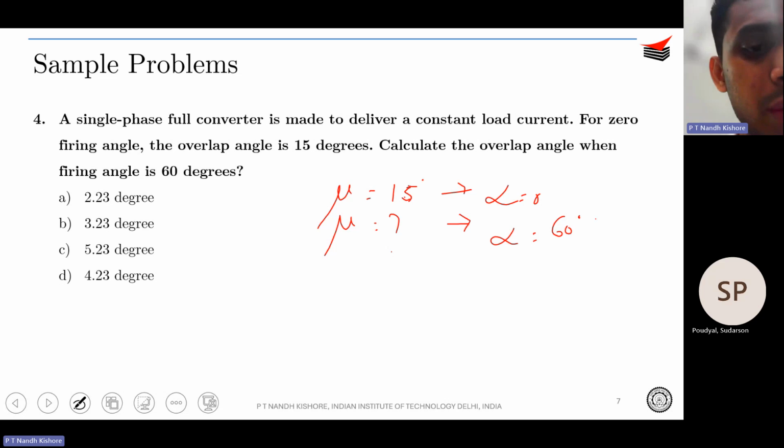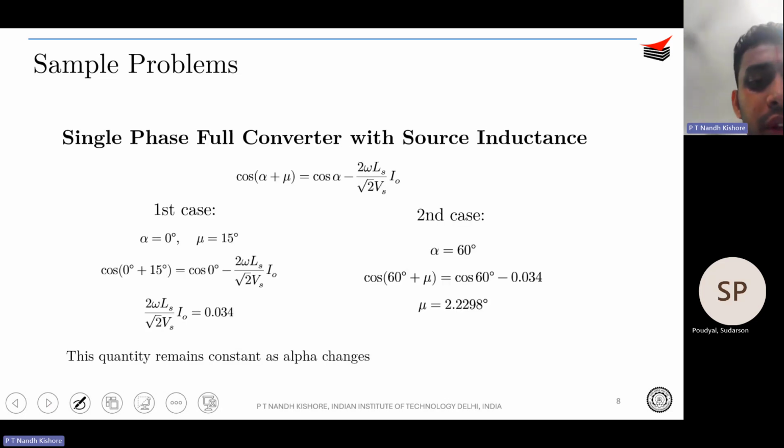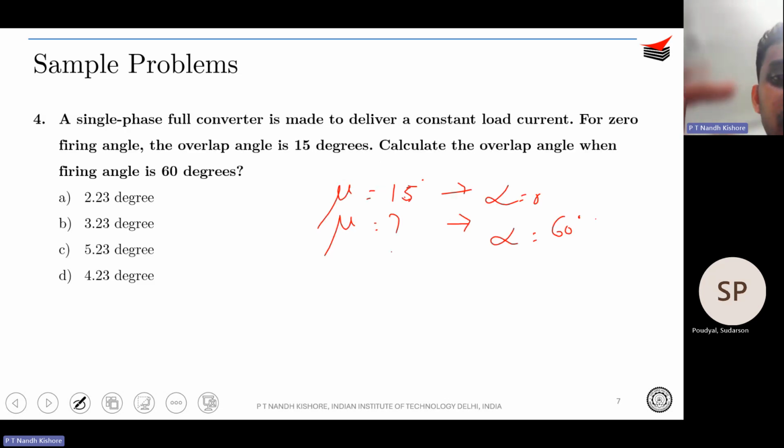Right? Okay. So again, this is another simple problem, I guess, because they have anyway given the converter that's getting used. That's a single phase full converter, right? The question about overlap angle comes into play if there is a source inductance, right?